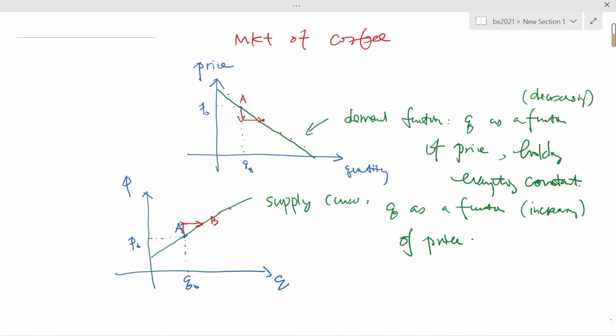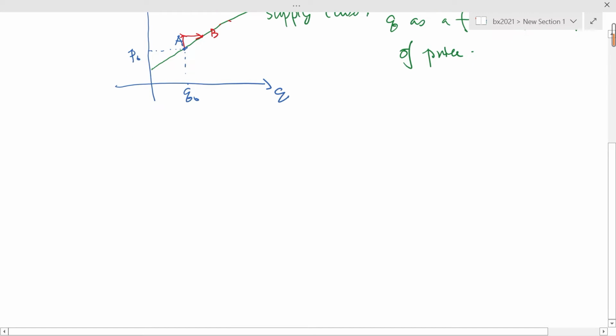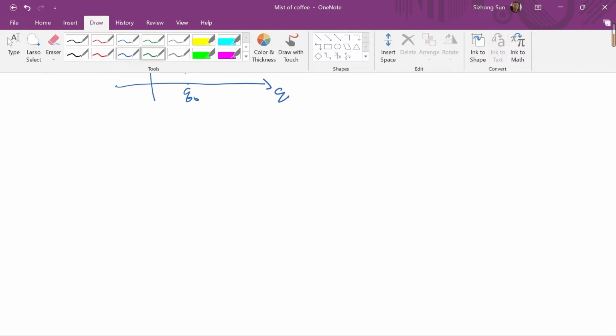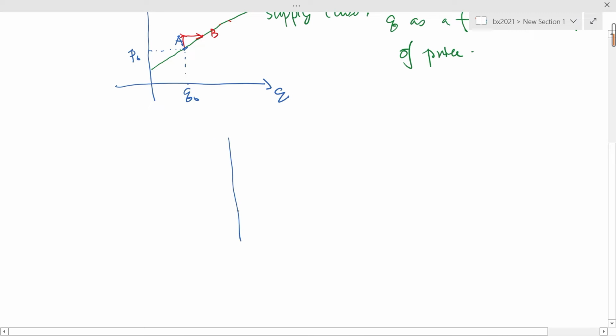Okay, so we have supply and demand. Let's put them together. Demand is downward sloping, supply is upward sloping.